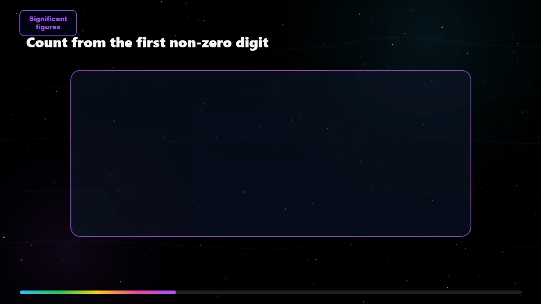This is where students often get mixed up, so listen carefully. For significant figures, you start counting from the first non-zero digit. That means you skip any zeros at the start of the number.